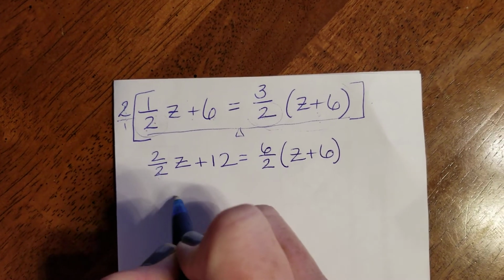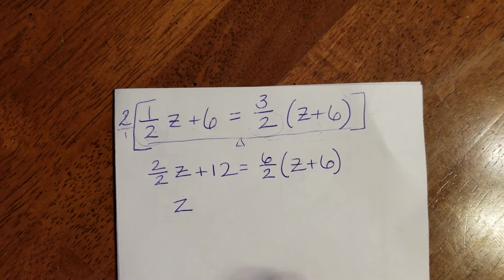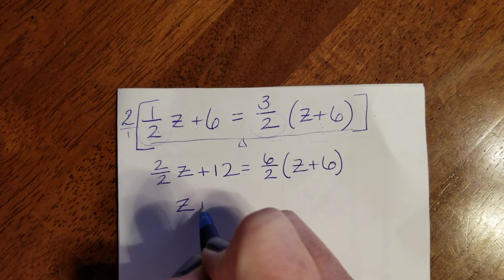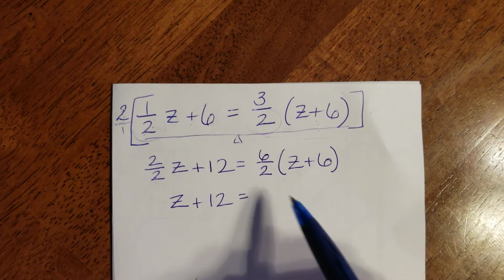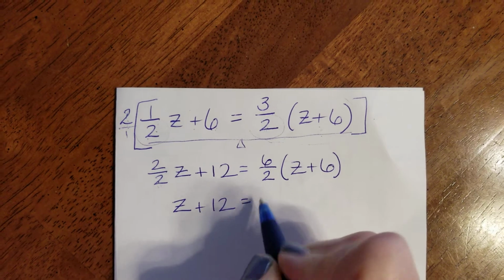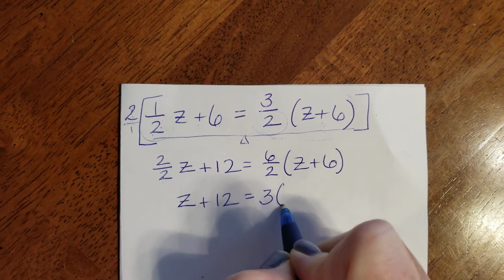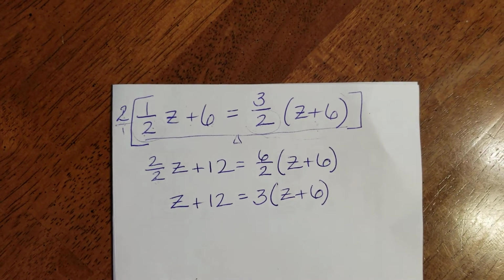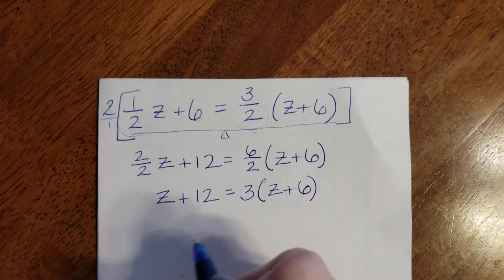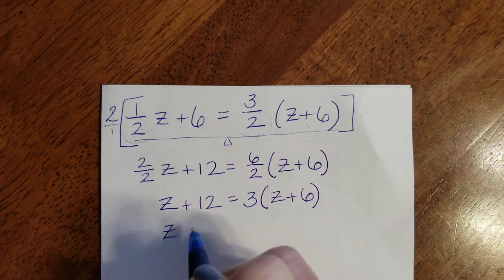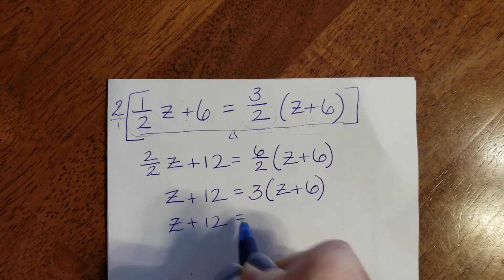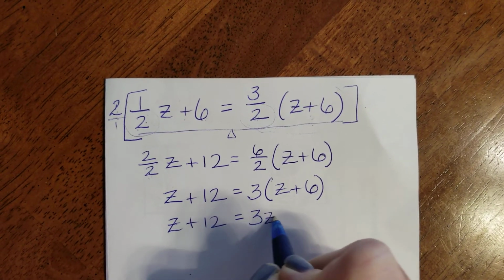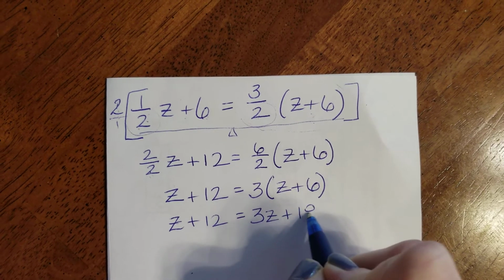So 2 divided by 2 gives us z all by itself, one group of z, plus 12 equals 6 divided by 2, which is 3 times z plus 6. Now all we need to do is distribute. So we'll end up here again with z plus 12 equals 3z plus 18.